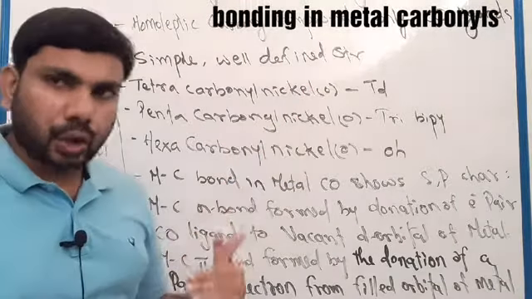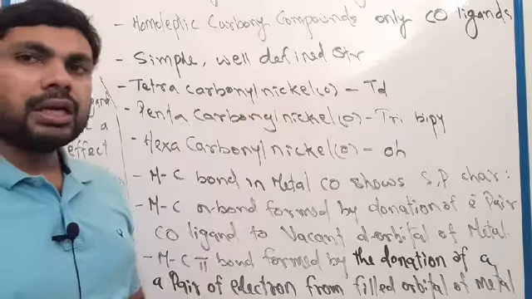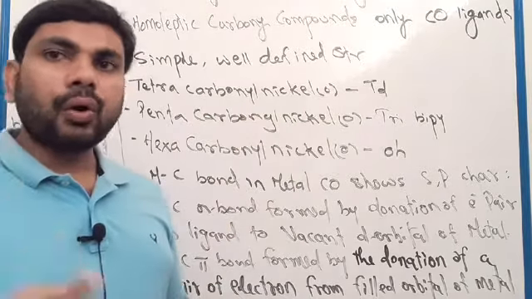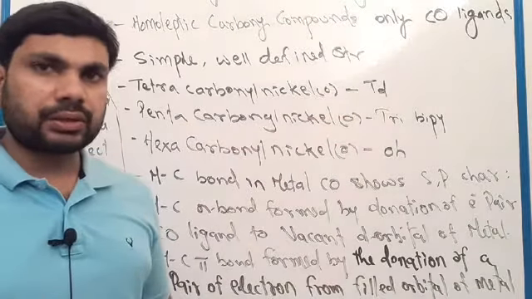Here the oxidation state of nickel is 0. Tetracarbonyl nickel means nickel with 4 carbonyl groups, and its structure will be tetrahedral.